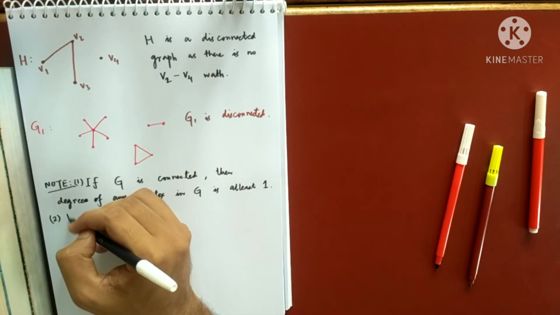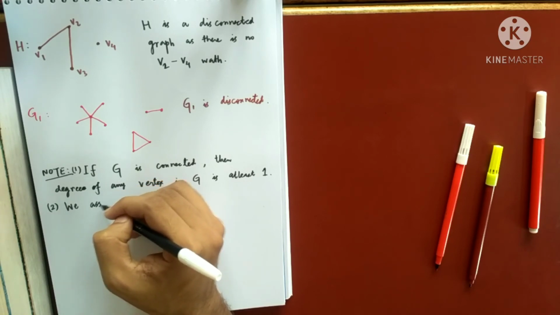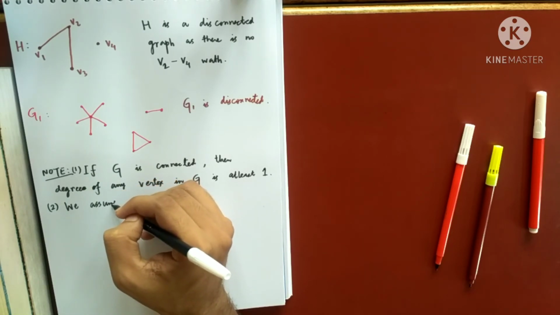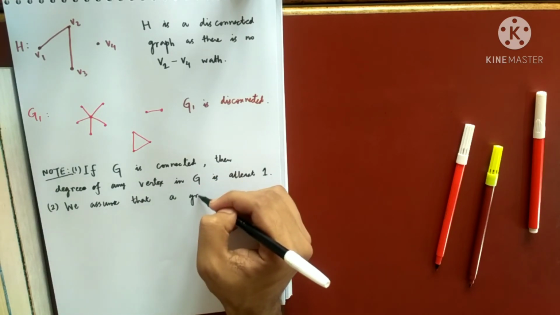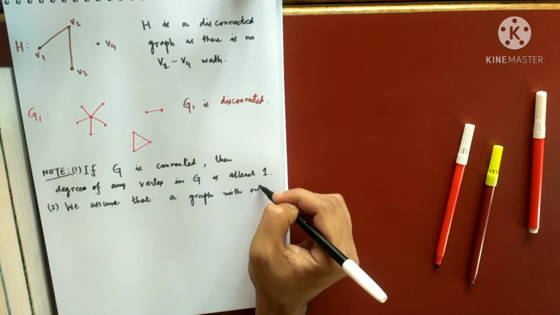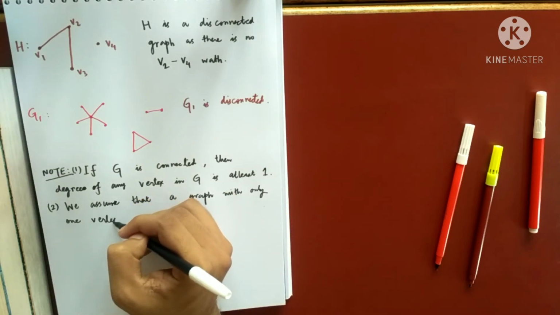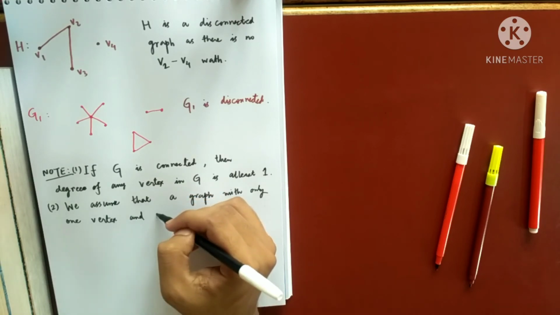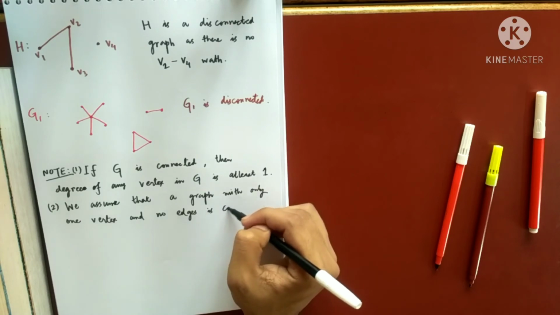We assume that a graph with only one vertex and no edges is connected.